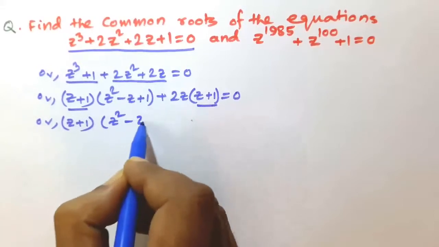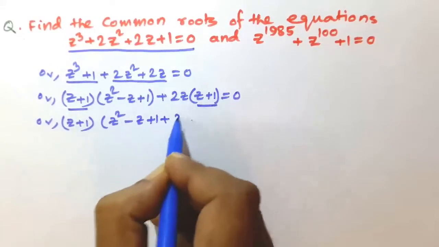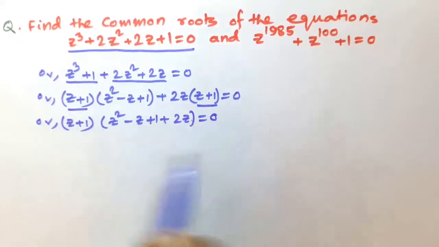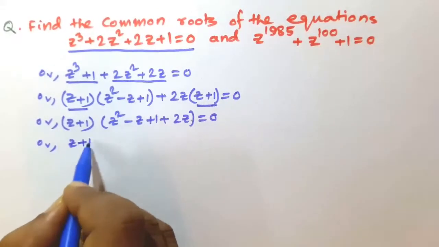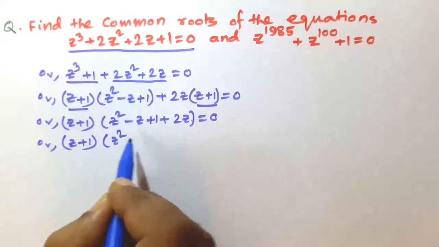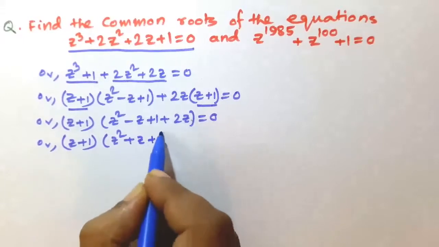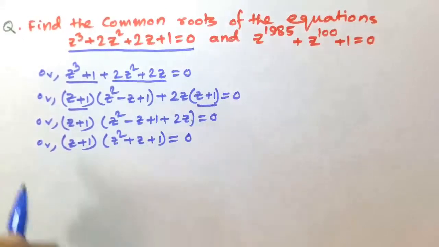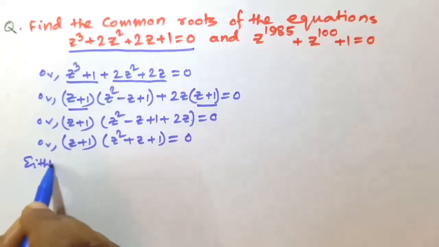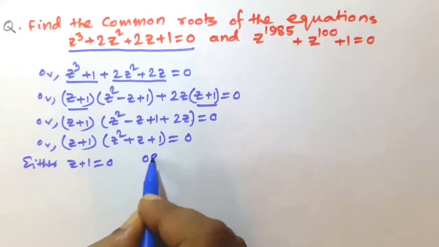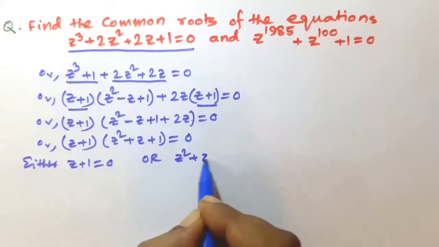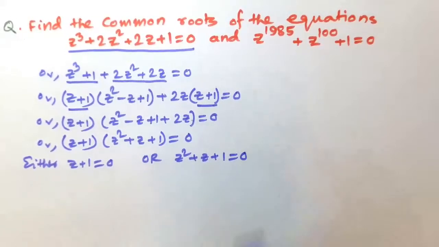So z square minus z plus 1 plus 2z is equal to 0, or z plus 1 into z square plus z plus 1 is equal to 0. So either z plus 1 is equal to 0 or z square plus z plus 1 is equal to 0.